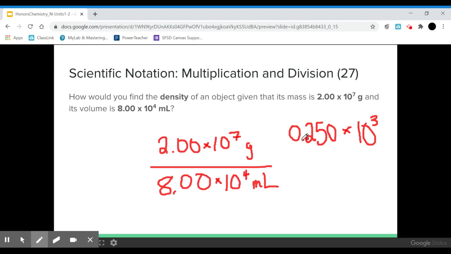Now, I need to make this a bigger number, because I need to make this a number between 1 and 9.9 repeating. But the number itself, 0.250, is a small number. So by changing it, I'm actually taking my exponent of 10 and making it smaller. So it's going to drop by 1. So my final answer is actually going to be 2.50 times 10 to the second.